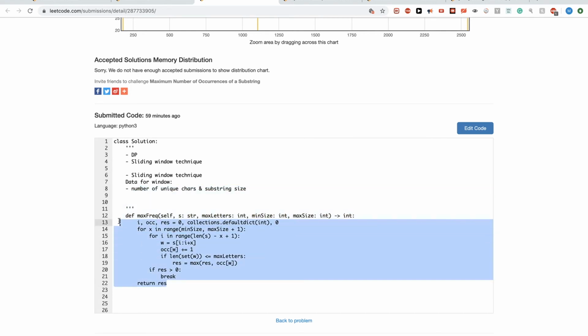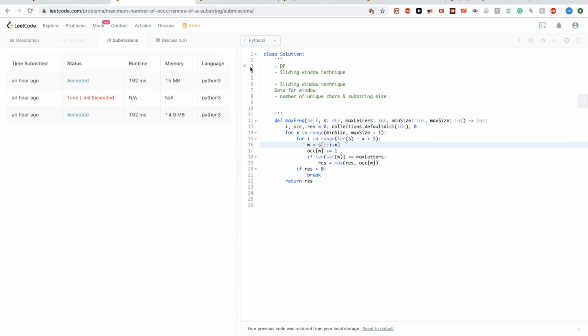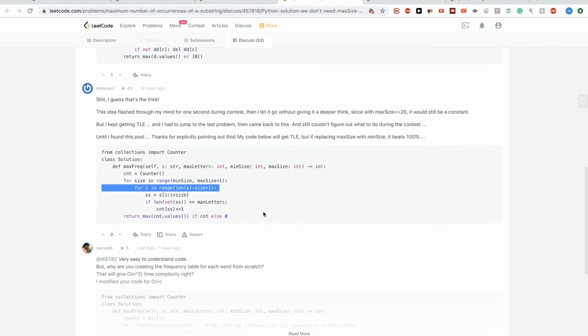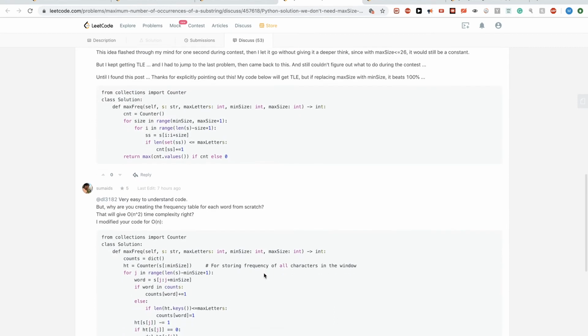So I think this one is pretty clear, because once we find something with a smaller size, right, then I think this is more convincing than supposing min size, right? Because once we find the result for a smaller size, there is no reason to keep going, right? Yeah.